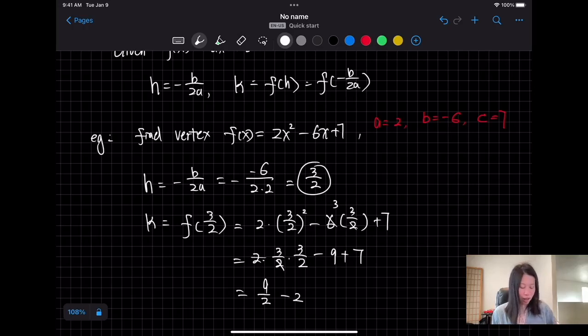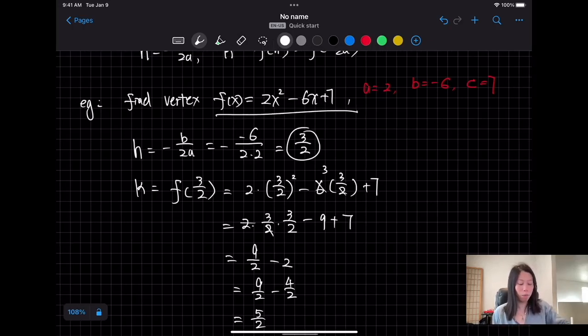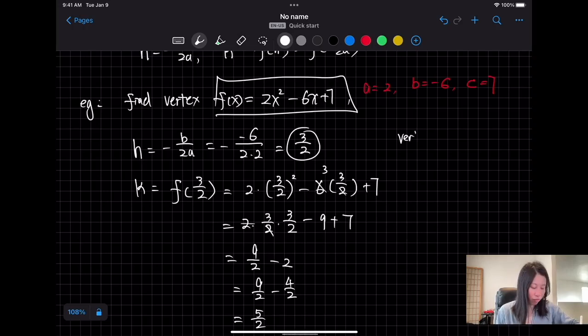So easy. And then you find the common denominator, which is 4 halves. So that gives you 5 halves. So that means the vertex of this quadratic function is going to be 3 halves and 5 halves.